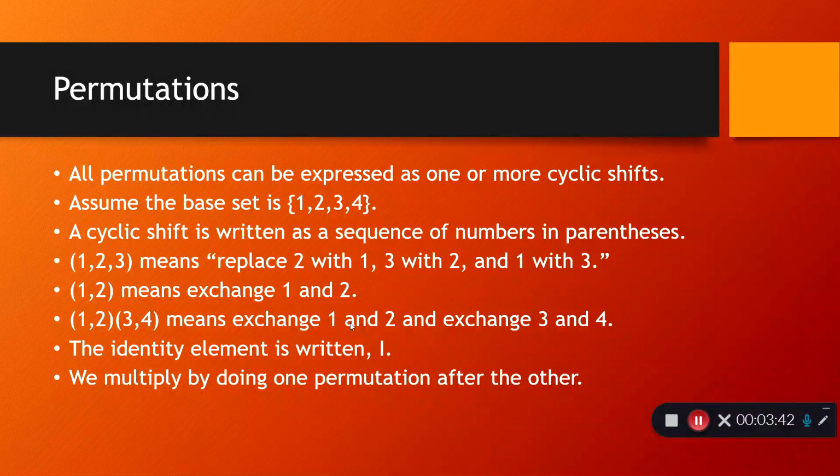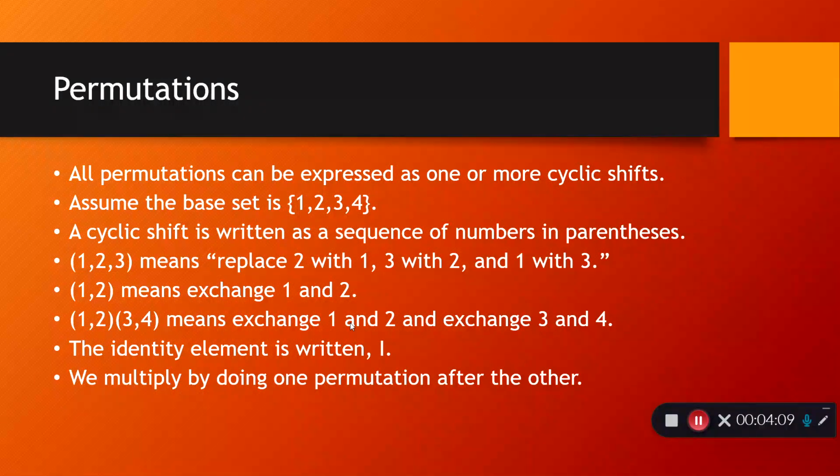But when you're working by hand, as people did for centuries before we invented computers, it's much easier to deal with permutations by using the fact that they can be expressed as one or more cyclic shifts. A cyclic shift is written as a sequence of numbers in parentheses, which is called a cycle.